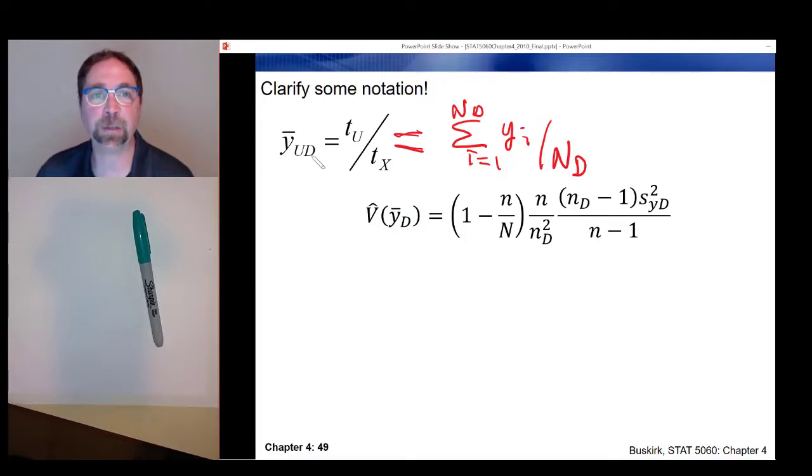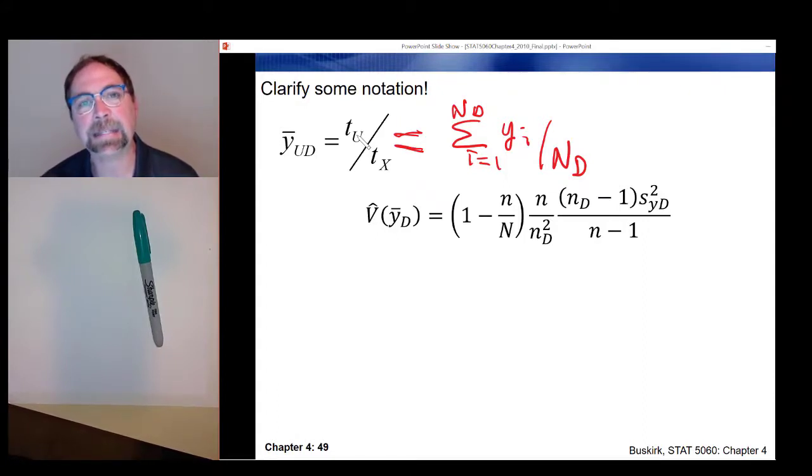So this is our population parameter, and we define it as the total of the u variable for the population, where the u variable is equal to yi times the indicator of whether or not you're in the domain.